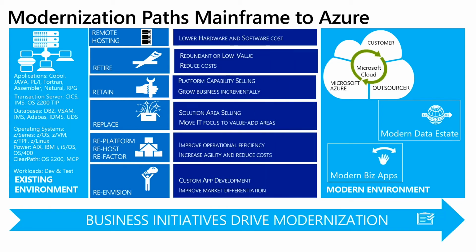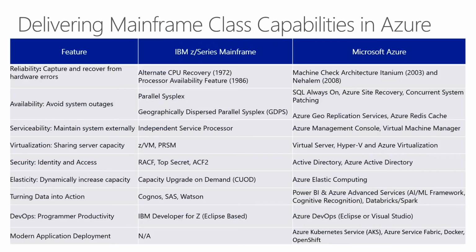So the next thing I do want to talk a little bit about is we can map a lot of the capabilities that the mainframe has. Over the years, we've taken and moved those capabilities into both Windows and into Azure.